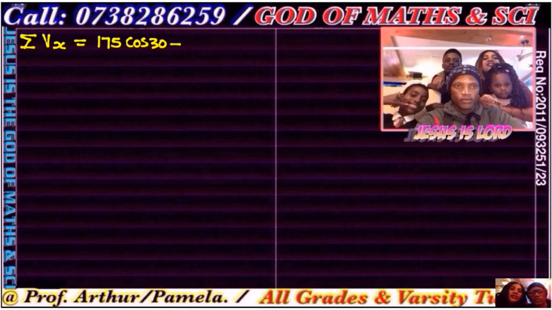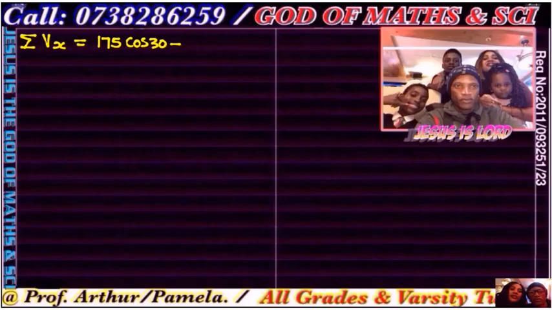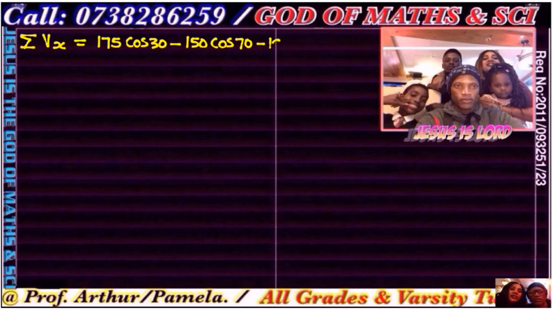I must minus 150 cos of 70. And then I must minus the green one, 190. Then I must get the answer for that. I'm coming back for that one.